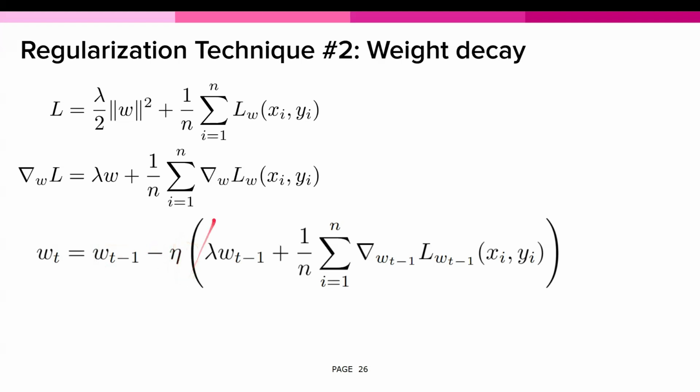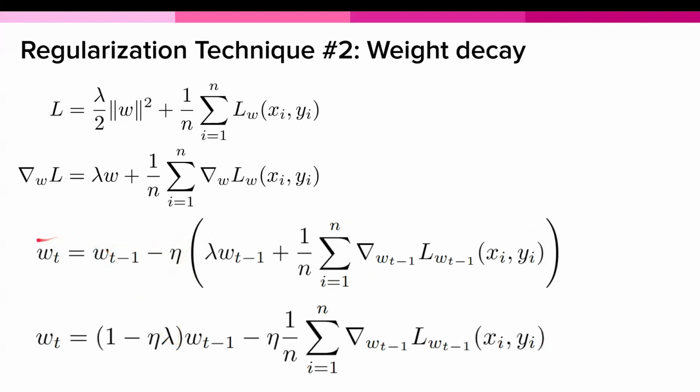fraction of the gradient. But it turns out that this expression can be rewritten like this, so we can think about it as taking a step in the direction opposite of the gradient, but also scaling the last weights down by some amount, 1 minus eta lambda.